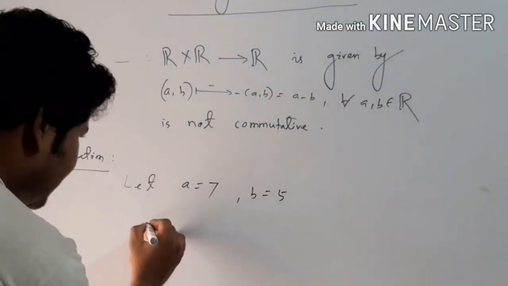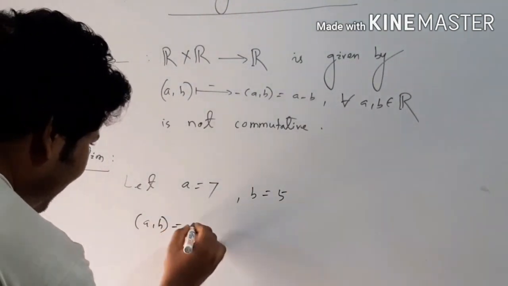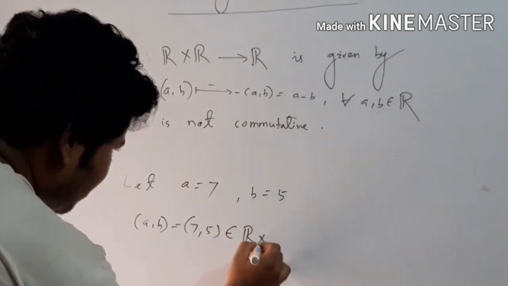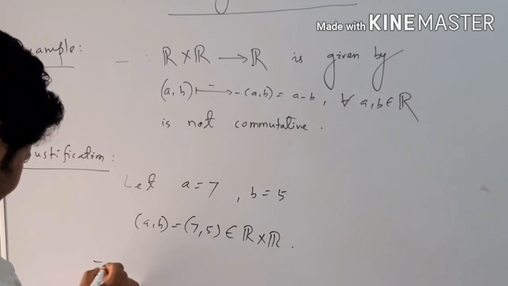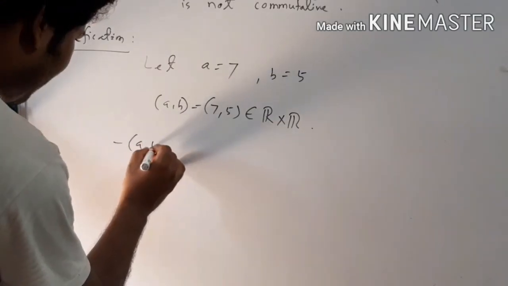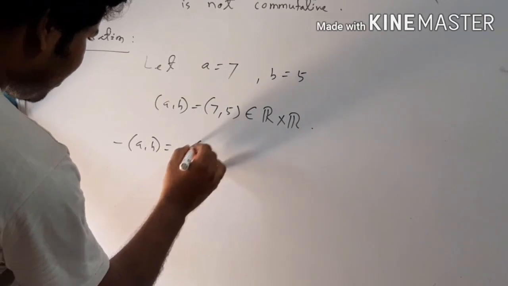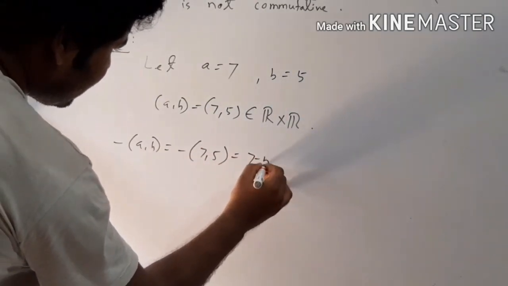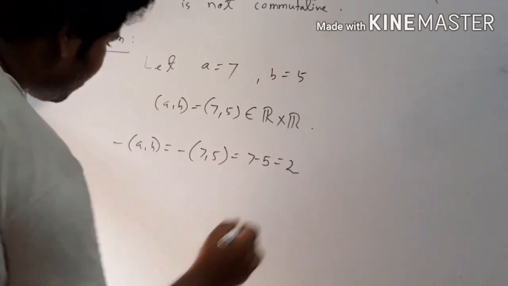So it is easy to see that (A, B) equal to (7, 5) belongs to R cross R. So I will take the subtraction operation, subtraction of (A, B), which is equal to subtraction of (7, 5), which is equal to 7 minus 5, which is equal to 2.